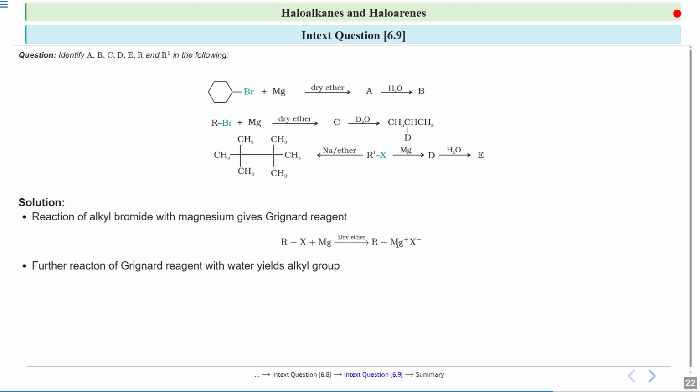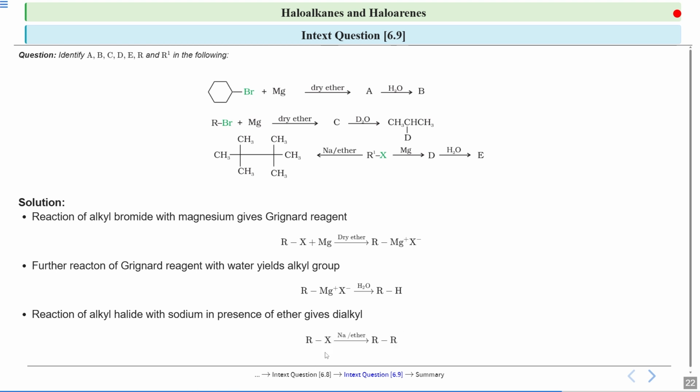Further reaction of this Grignard reagent with water yields an alkane. So when you react this Grignard reagent, R-Mg positive, X negative, with water, you will get the alkane RH. Also, the reaction of an alkyl halide with sodium metal in the presence of ether will give you a dialkyl.